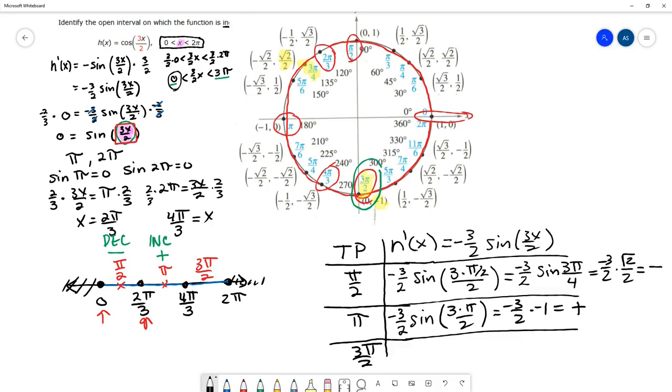And then finally we have the test point of 3 pi over 2, and -3 over 2 sine 3 times 3 pi over 2 over 2. And let's see, that fraction reduces to 9 pi over 4.